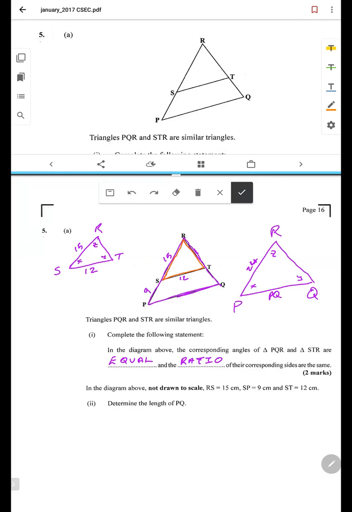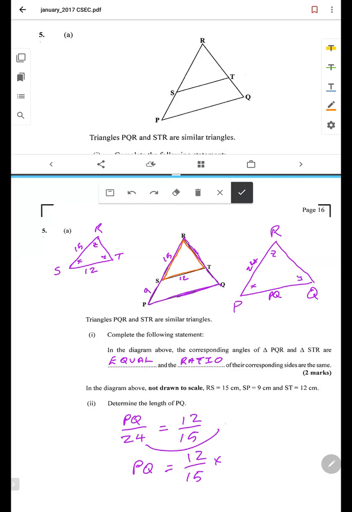So let's set it up. The ratio of the corresponding sides are equal, so I'm going to put PQ over 24 equals 12 over 15. And so to get PQ, let's multiply by the 24. So PQ will be equal to 12 over 15 times 24.